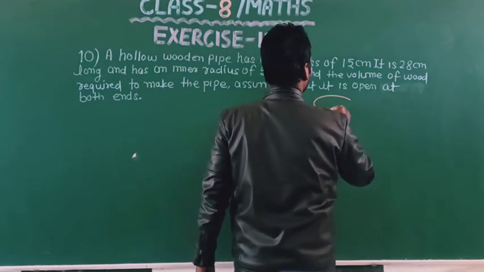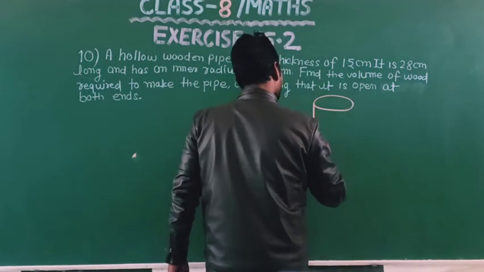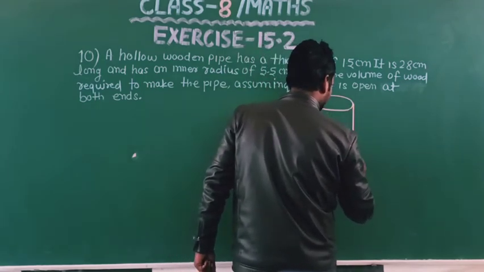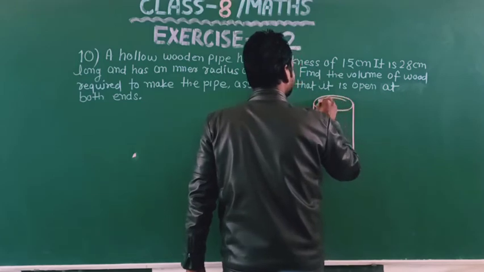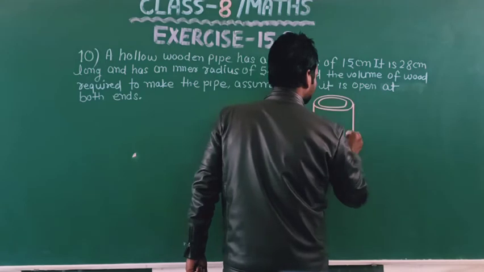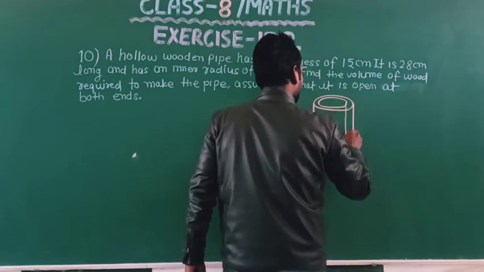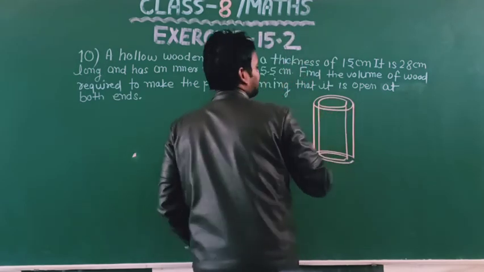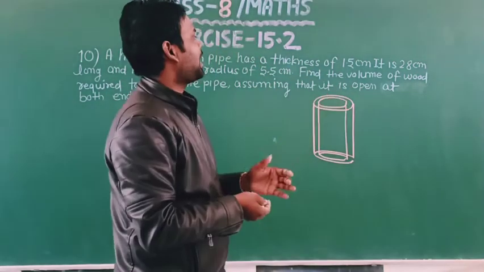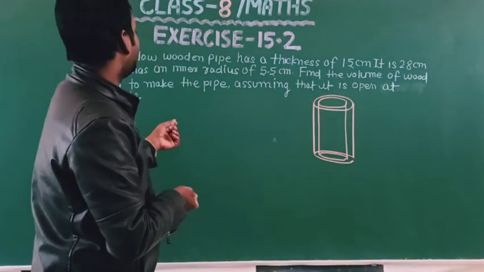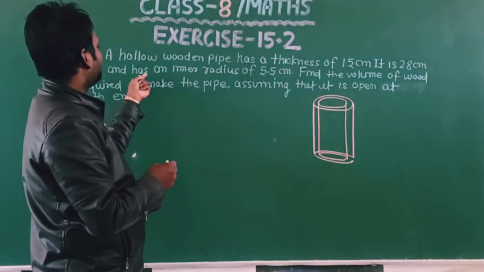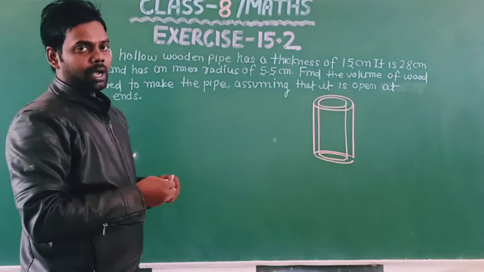Suppose this is a hollow wooden pipe having thickness 1.5 centimeter and 28 centimeter long, and having inner radius 5.5 centimeter.